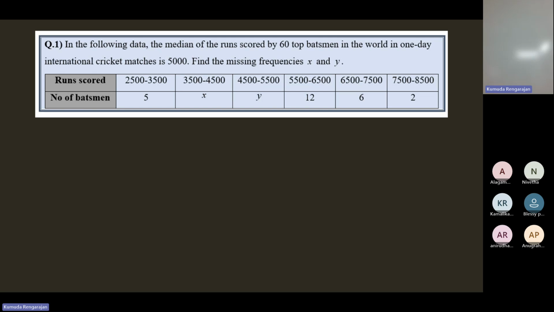See the median frequency. You are having the median frequency.